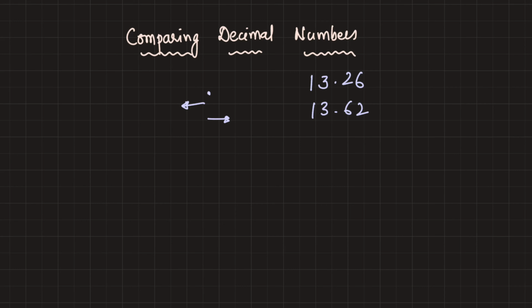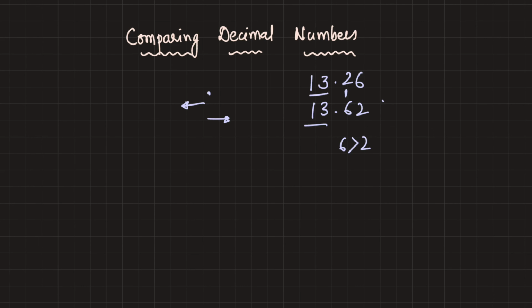We can see that toward the left of the decimal point, that's the whole number part, that is 13, is same for both. So we begin by comparing the digit to the right of the decimal point one place at a time. So in this case, we compare 2 and 6 first, and clearly 6 is greater than 2.